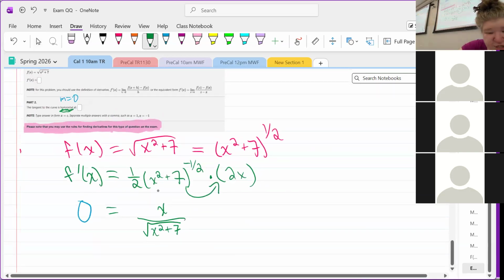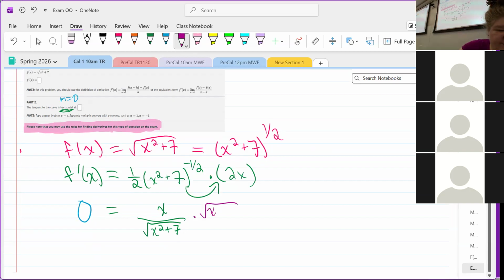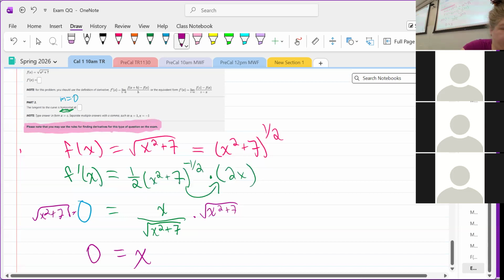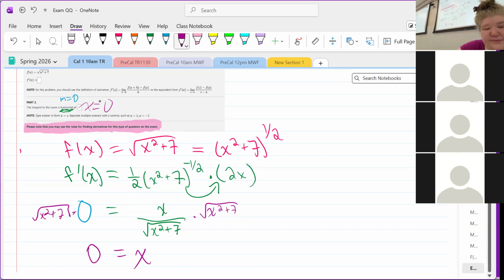So I have this equation, 0 is equal to this fraction. So if I multiply by the square root, I end up with 0 equals x. So at 0, the tangent line is horizontal. Cool.